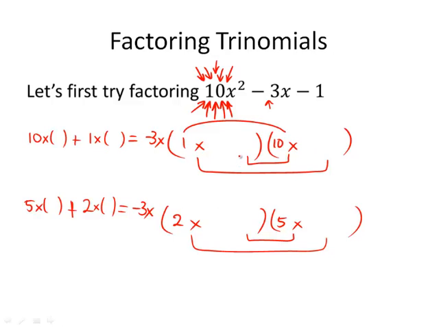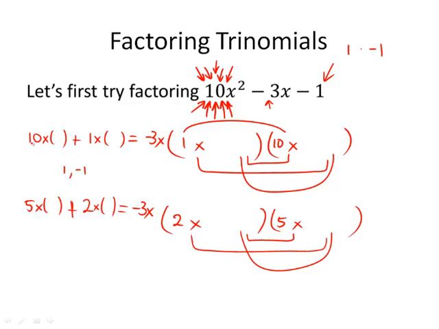We also know that the last terms need to multiply to negative 1. In this case, the only way of multiplying to negative 1 is 1 times negative 1, and that's about it. So we can only use a combination of 1 and negative 1 to make these work.